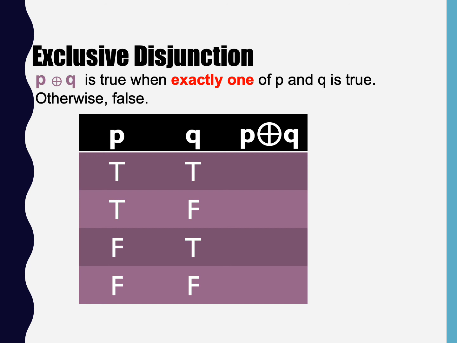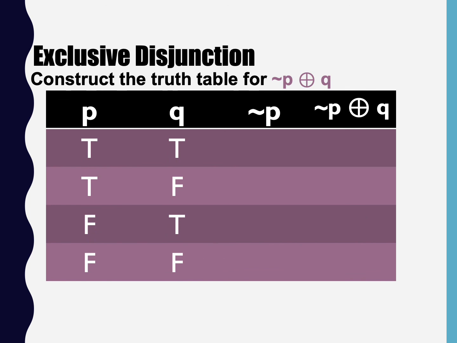In this case, the second row and the third row will both be true. The rest will be false. Example, construct the truth table for the exclusive disjunction of not P and Q. So you need to get first the not P before taking its exclusive disjunction.